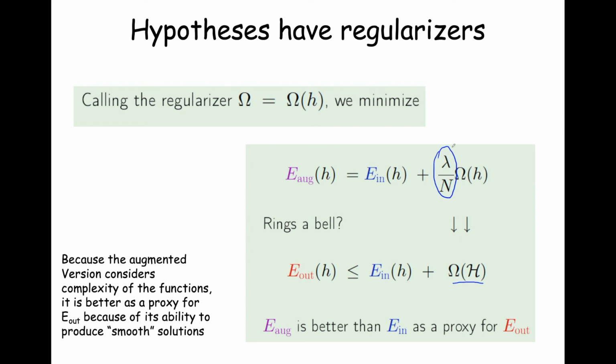If lambda is big, it's going to be less complex. If lambda is small, it's going to be more complex. Whereas here, if omega is big, it's more complex. If omega is small, it's less complex. And so it looks like the complexity of functions, and it's a much better proxy for E_out because it's able to produce this penalty term. It's able to cause your augmented error minimization to choose smoother solutions, which are more simple, less complex.